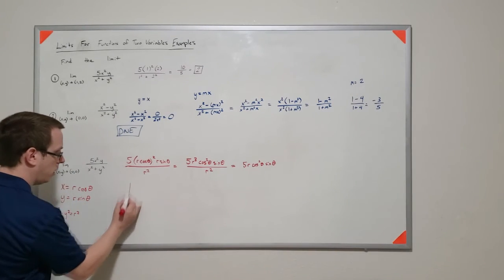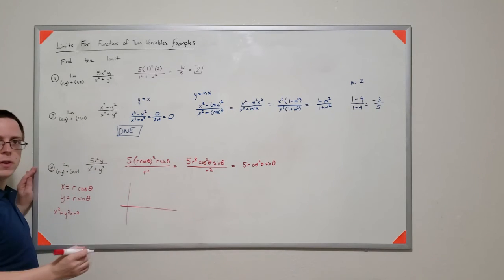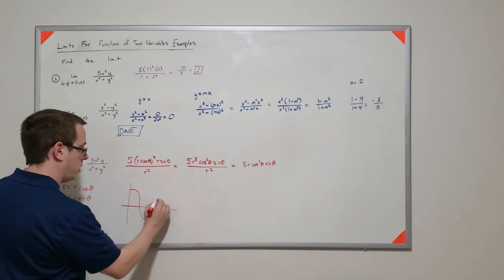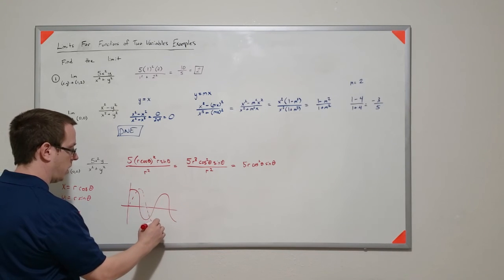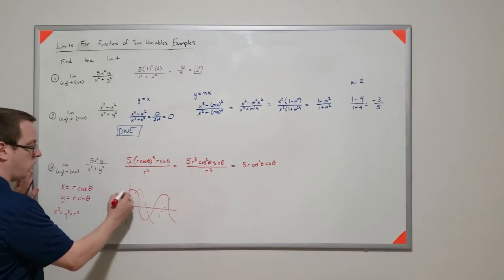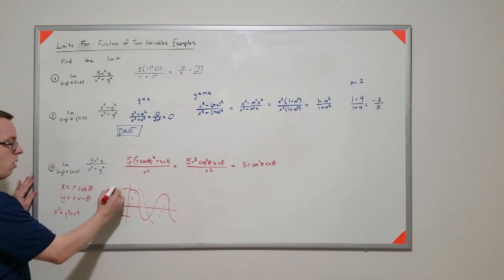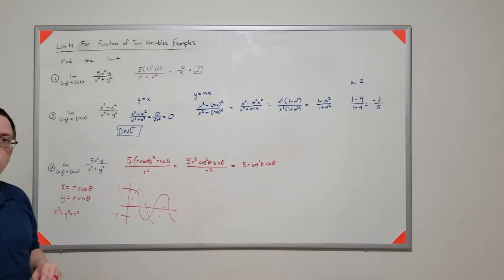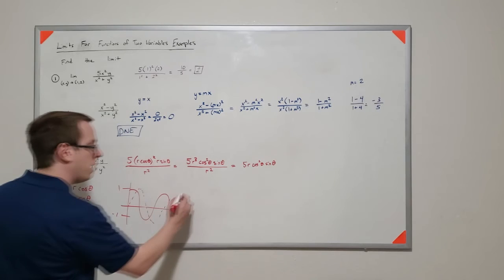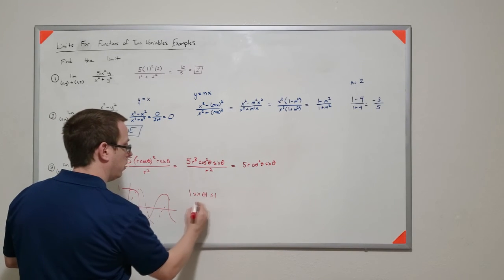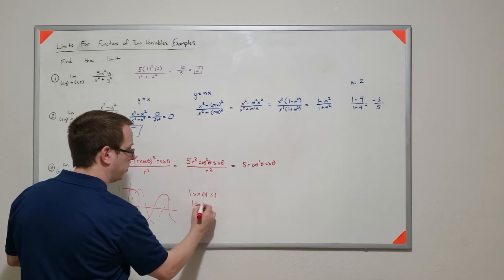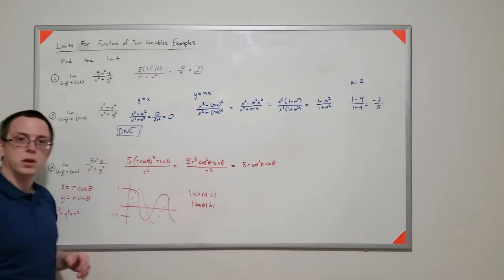If we think about the graphs of cosine and the graphs of sine, there's an interesting piece. They're always between 1 and -1, which tells me that the absolute value of sine theta is at most 1, and the absolute value of cosine theta is at most 1.